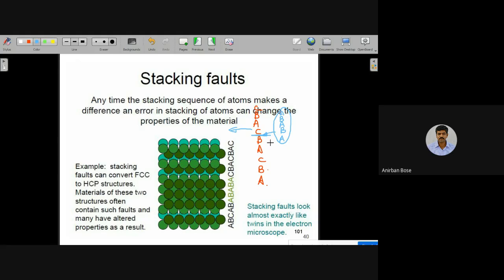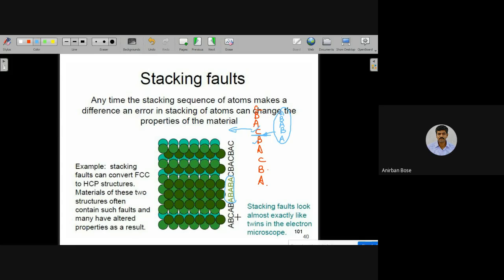In that case, this is called a stacking fault. Okay, so here you can see these are the layers which have been introduced between this B and C. Between this B and C, this set of layers was introduced.